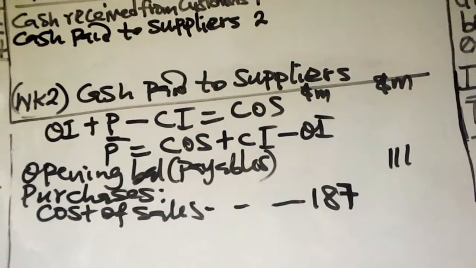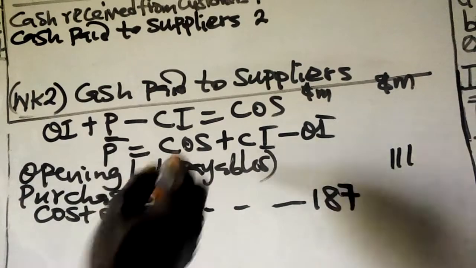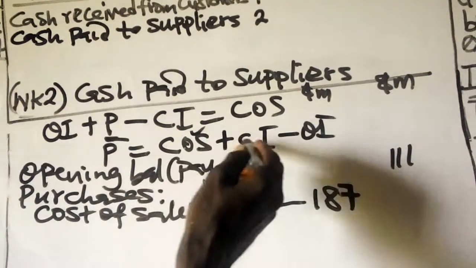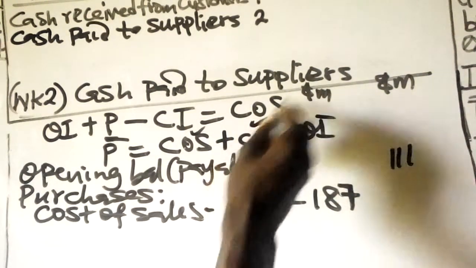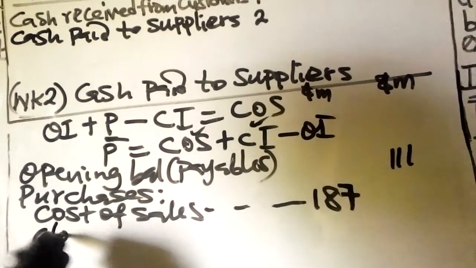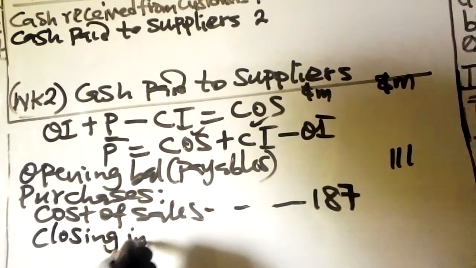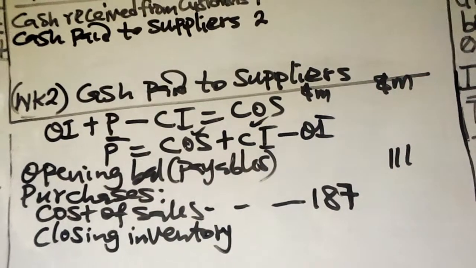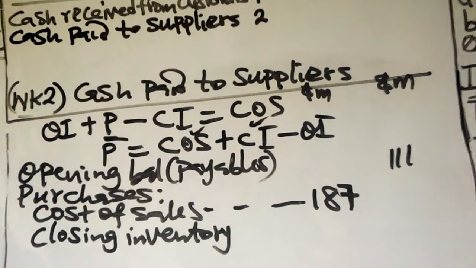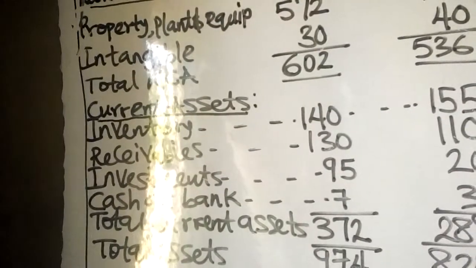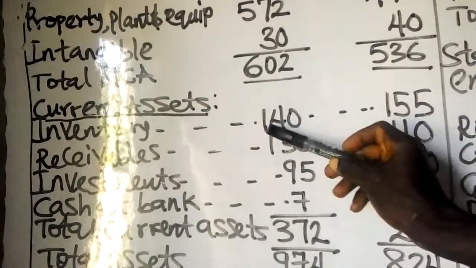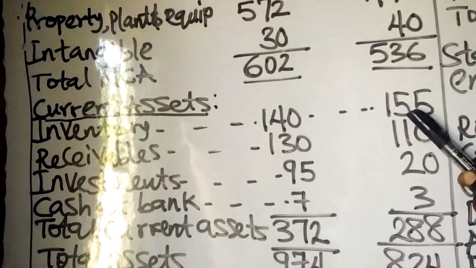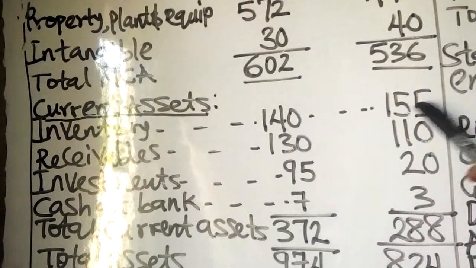After that, we said cost of sales plus closing inventory. So we want to add closing inventory. Our closing inventory will be found in the 20X7 statement of financial position under current assets. So the inventory is 140 for 20X7 and 155 for 20X6. This is closing and this is the opening.